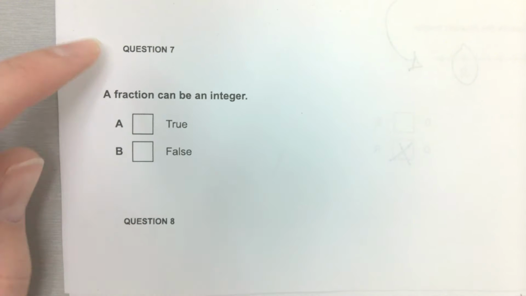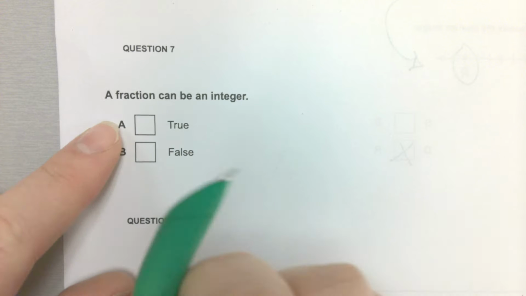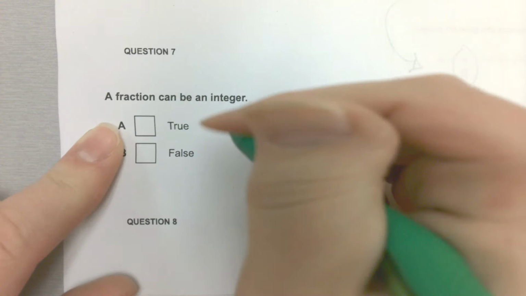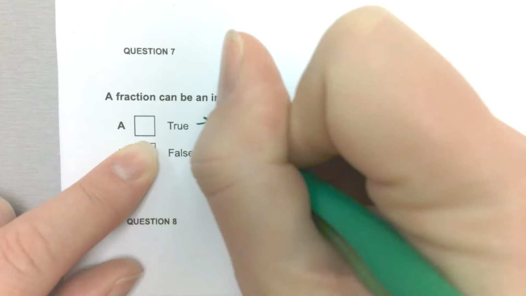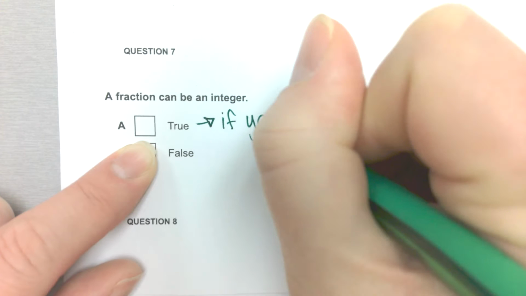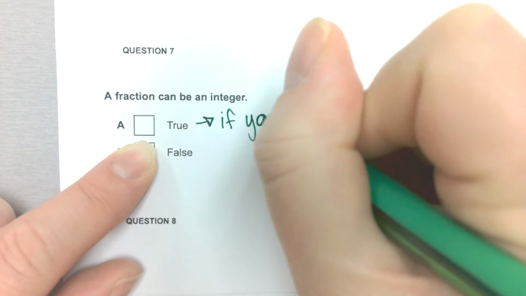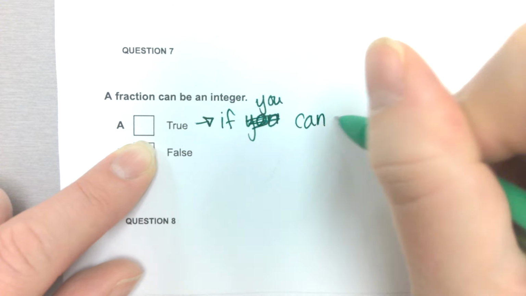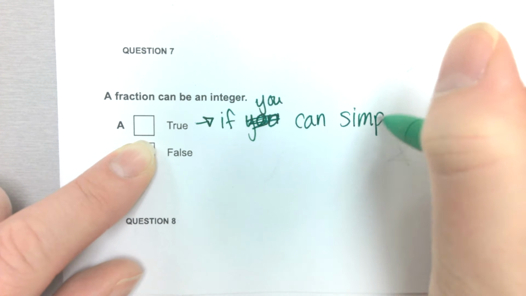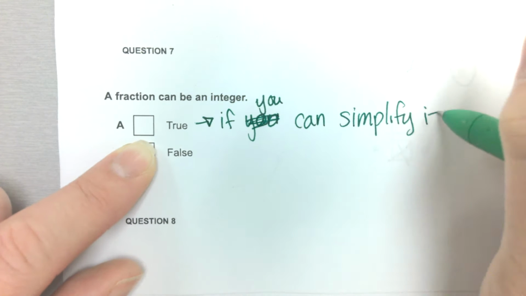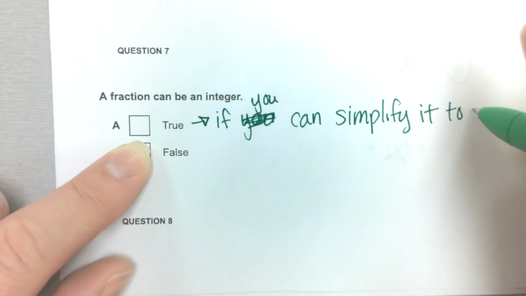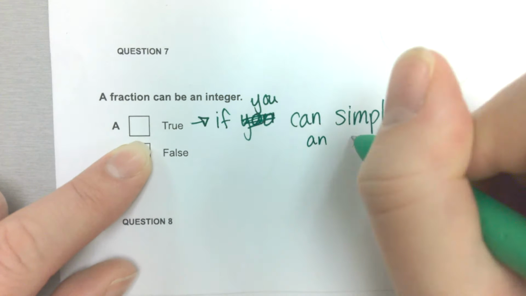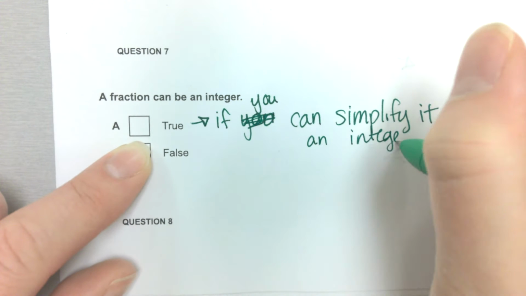Number 7 got a little tricky. A fraction can be an integer. That would be true if you can simplify it to an integer.